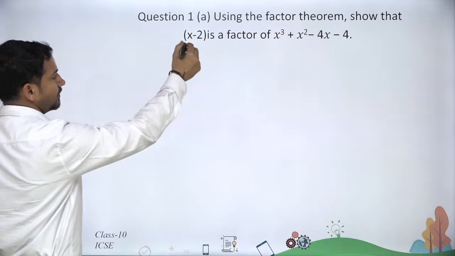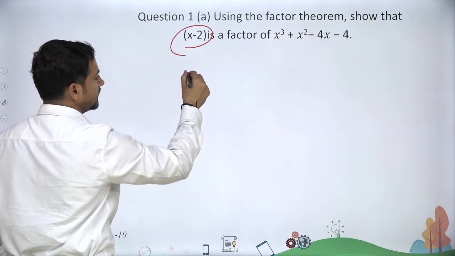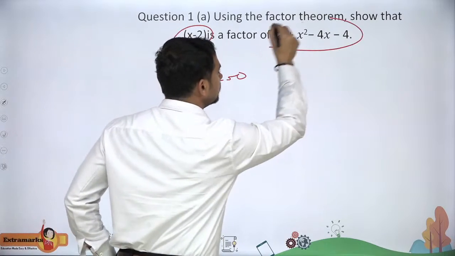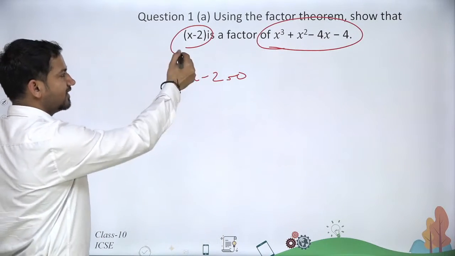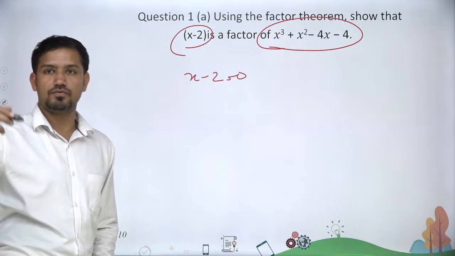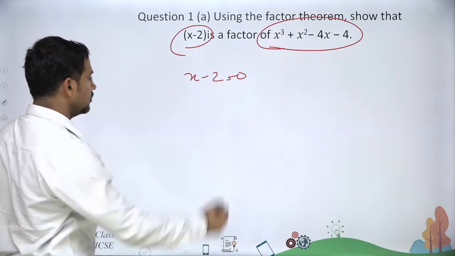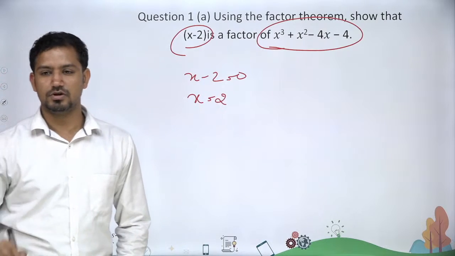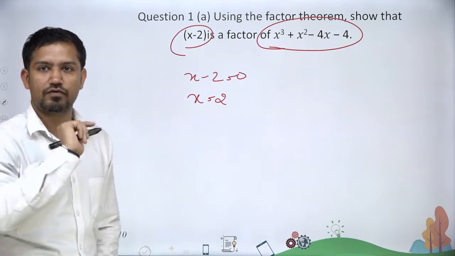If x minus 2 is a factor of this, then we know that if we put x equals 2, then f(x) should be equal to 0. Yes or no? That means x equals 2 is a zero of the polynomial.